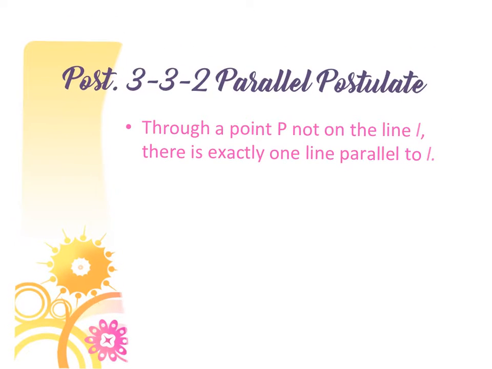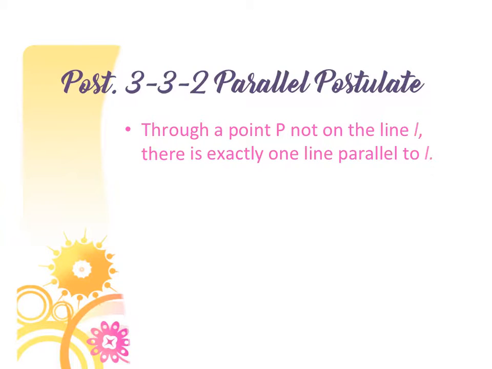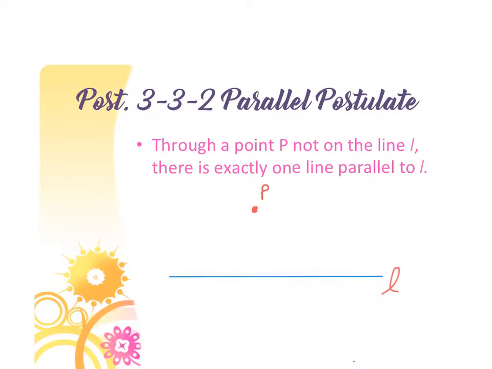Okay, this is called the parallel postulate. And it says through a point P, not on line L, there is exactly one line parallel to L. So all this means is if I have a line, and then I have a point not on this line, so let's say this is line L, and this is point P. And I ask each and every one of you to go to the board and draw me a line through P that's parallel to L. Every single one of you would draw the same line.